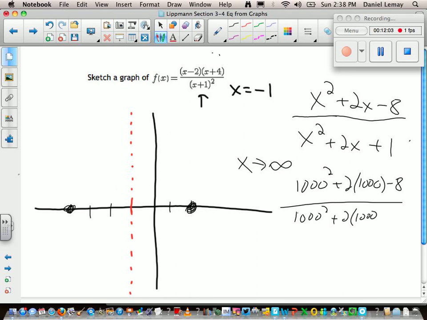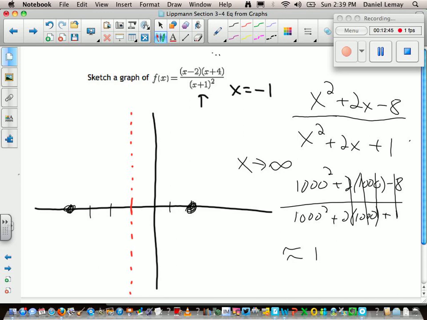Well, the minus 8, when you're talking about 1,000 squared, isn't that going to be 1,000,000? 1,000 times 1,000, 10 to the third times 10 to the third is 10 to the sixth, which is 1,000,000. So when I'm way out at 1,000,000, or 100,000,000, or whatever large number you want to pick, the 2 times 1,000 or 1,000,000 or whatever, minus the 8, these terms just don't affect the answer that much. And since 1,000 squared over 1,000 squared is the same number, that's going to be pretty darn close to 1.